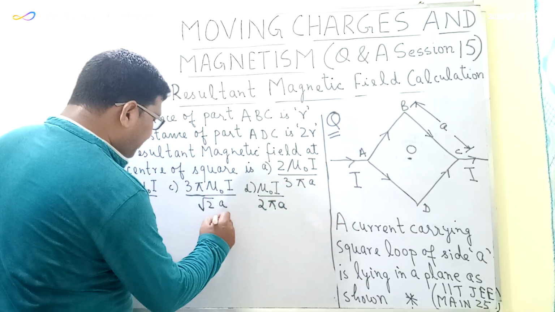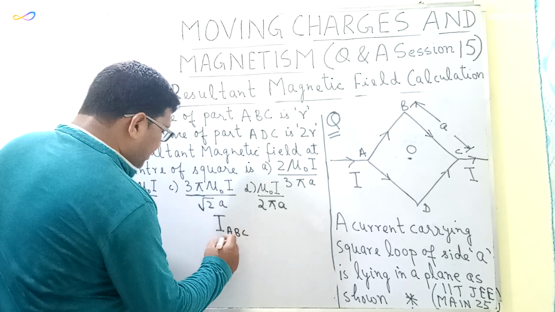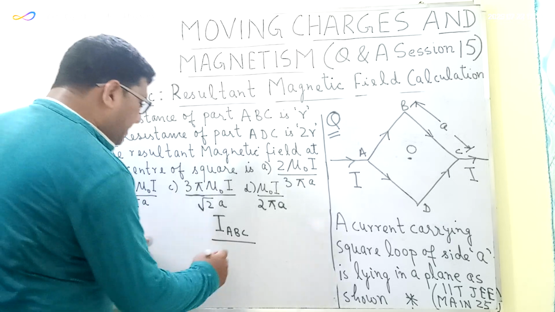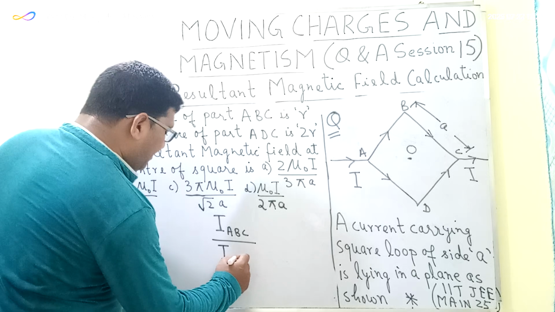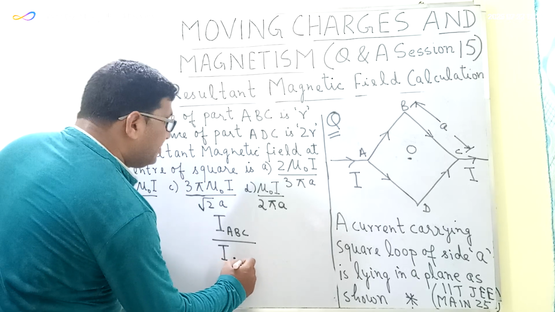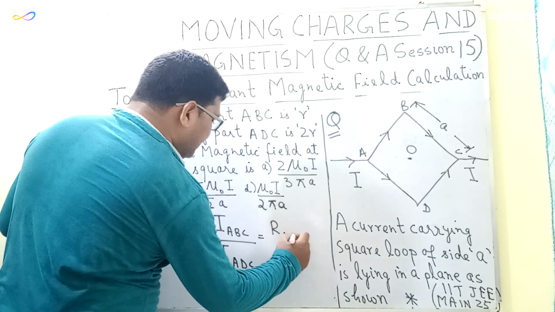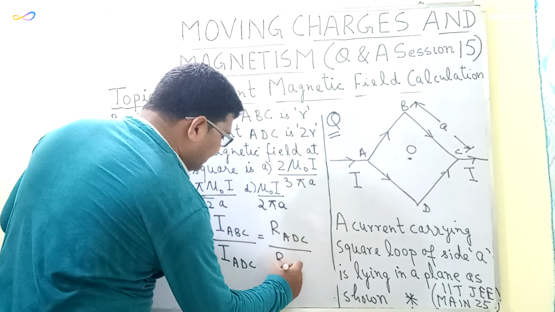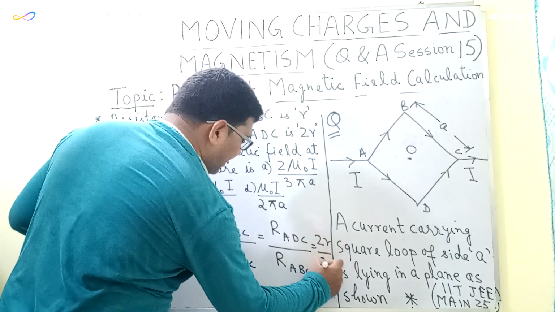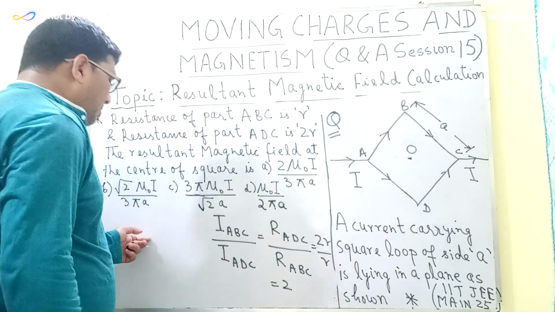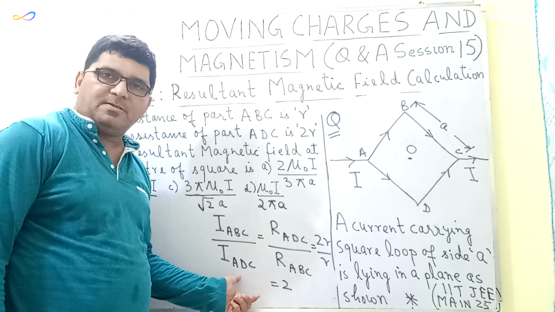So the ratio of the current in the part ABC to the current in the part ADC will be equal to the resistance of the part ADC divided by the resistance of the part ABC, and this is equal to 2R by R. So this is equal to 2. So the current in the part ABC is 2 times the current in the part ADC.